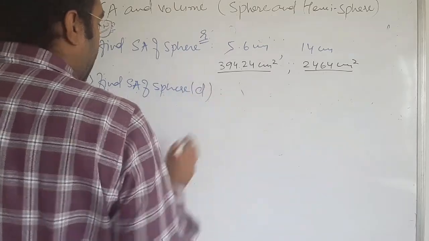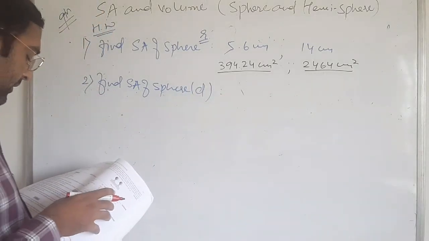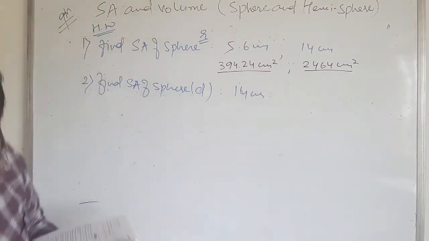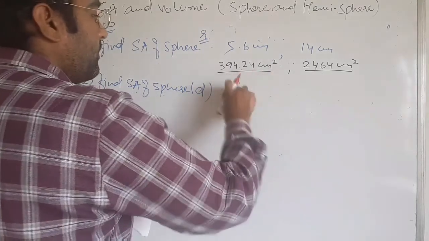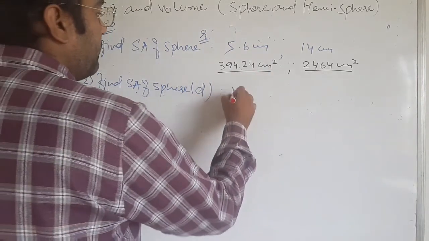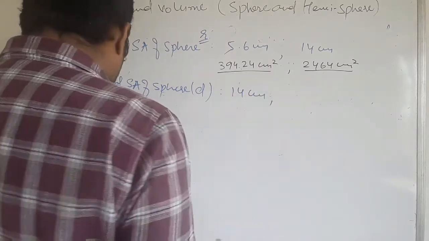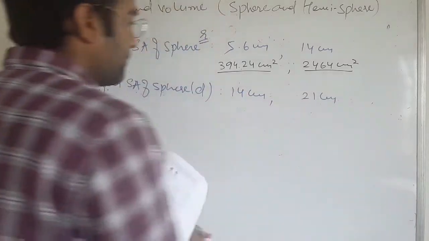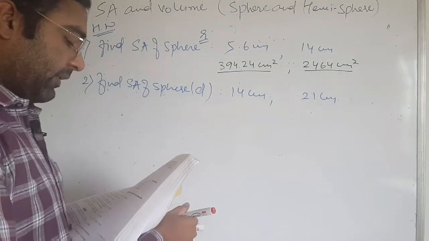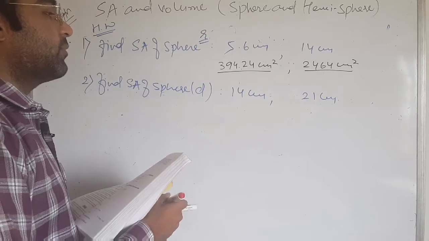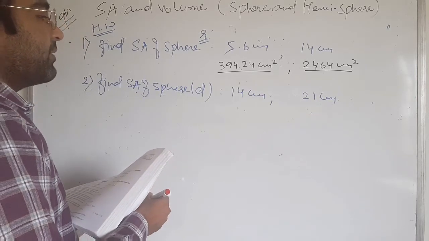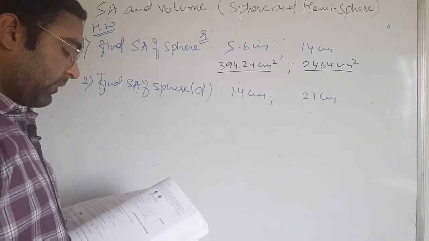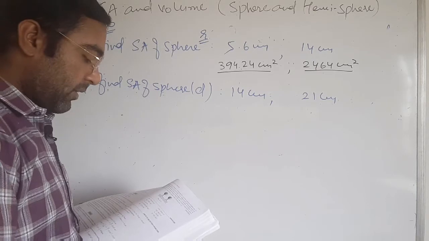In the previous question both were radii. Here the diameter is 14 centimeter for the first, and 21 centimeter for the second. You have to do both sums.